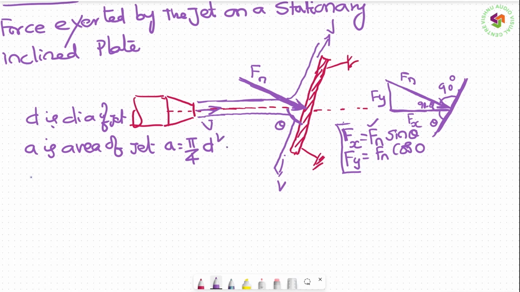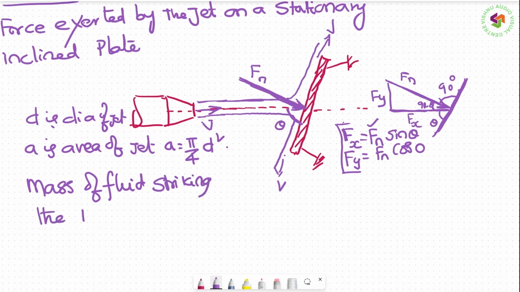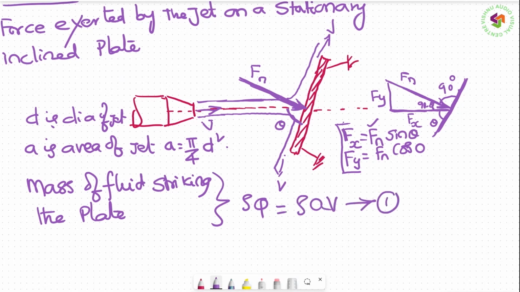Therefore, the mass of fluid striking the plate is equal to rho into Q, so it is equal to rho A V. So this is number one over.